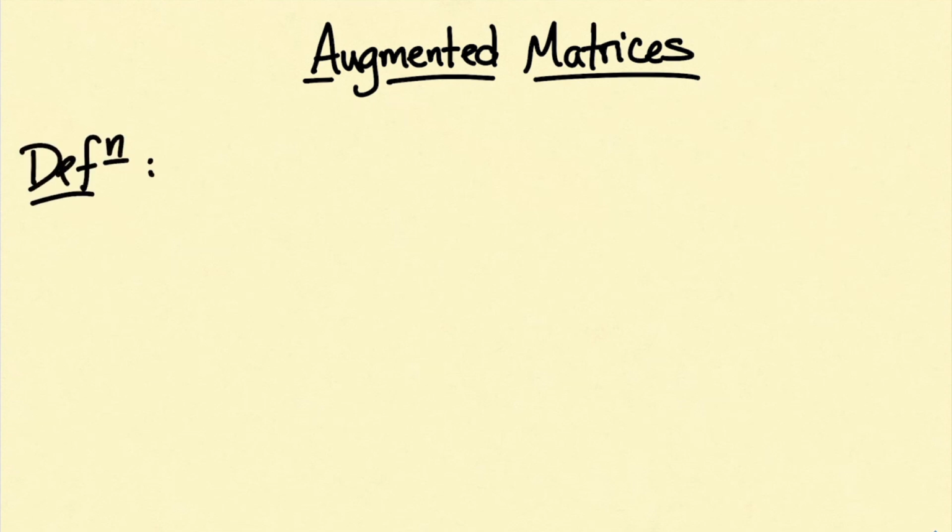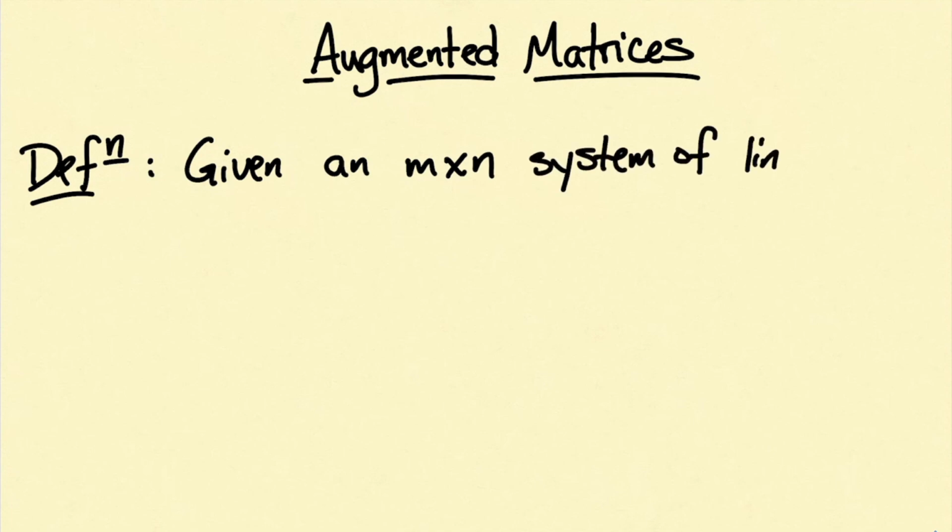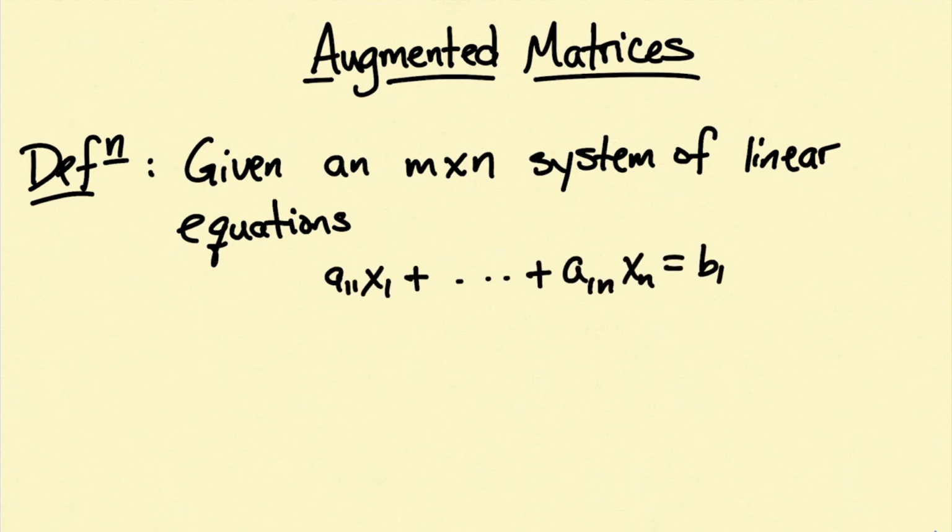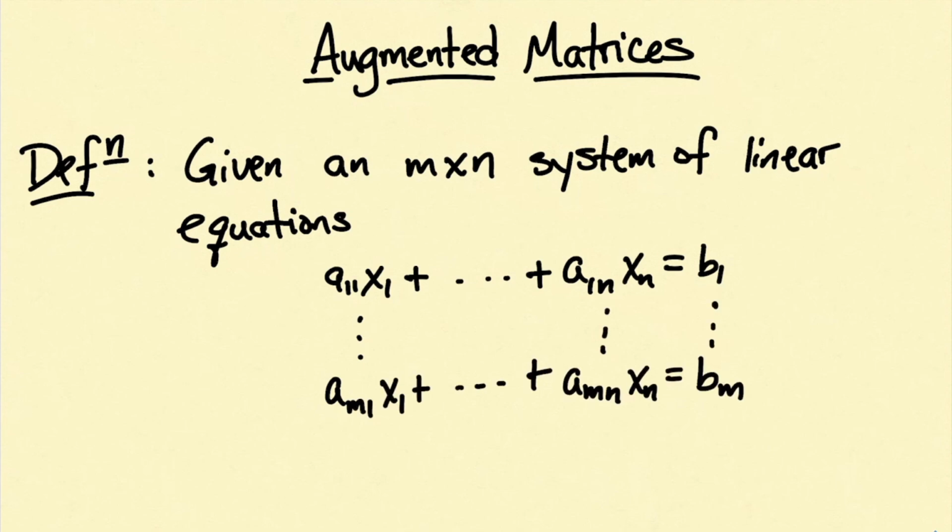So we're going to start out with an m by n linear system. We have m equations, which give us m rows of equations, and we have n unknowns, which are going to give us n columns. We also have a column on the right-hand side of the equal sign, which we're going to call the augmentation.